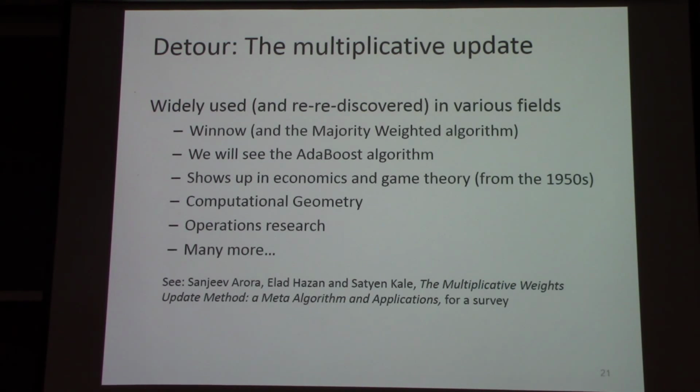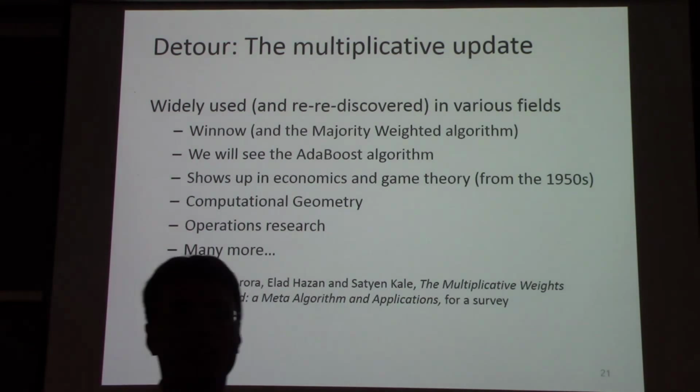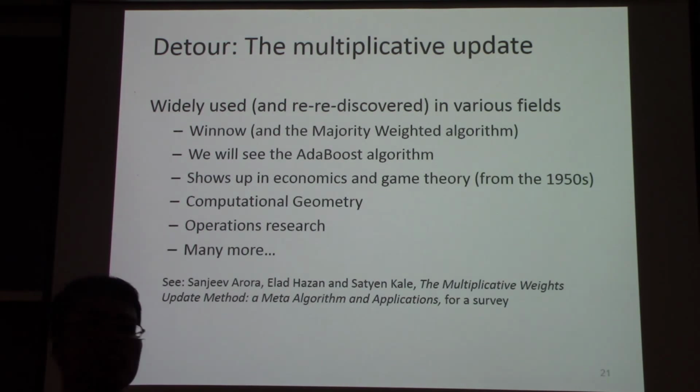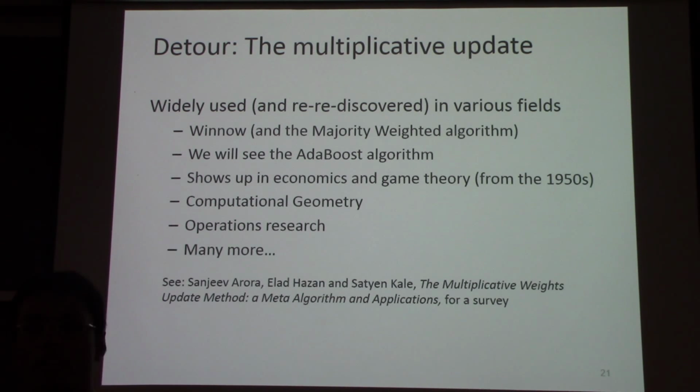It turns out the multiplicative update is a really important algorithm in the history of computer science, and those of you who are taking the advanced algorithms class will probably see the same thing as well, where it will be called the zombie binary search, because it has some interesting connections to binary search. It has been rediscovered again and again in machine learning, in economics, in geometry, in game theory, in operations research, and roughly every couple of decades we seem to lose this algorithm, and then someone comes up and says, aha, the answer to this is the multiplicative update.